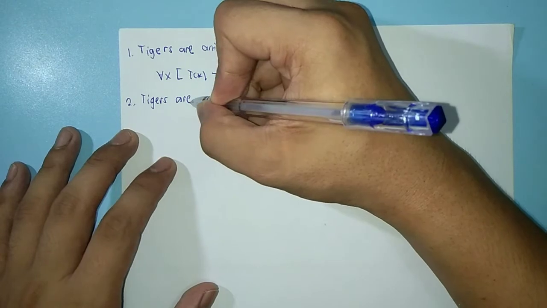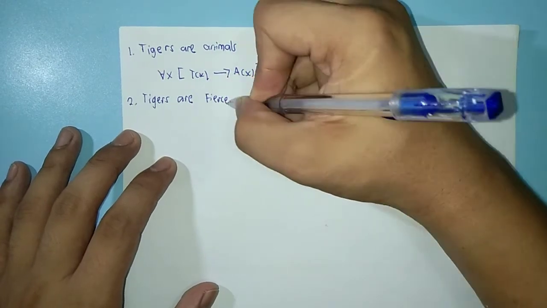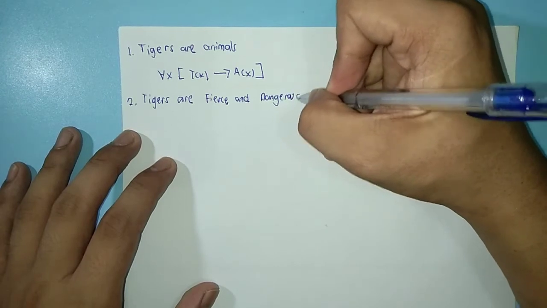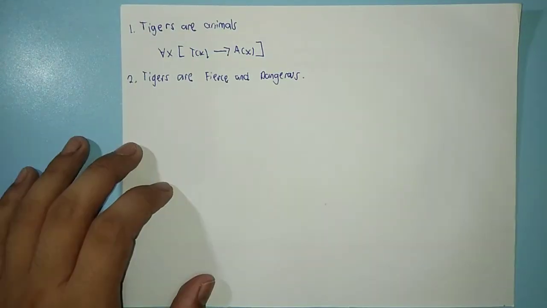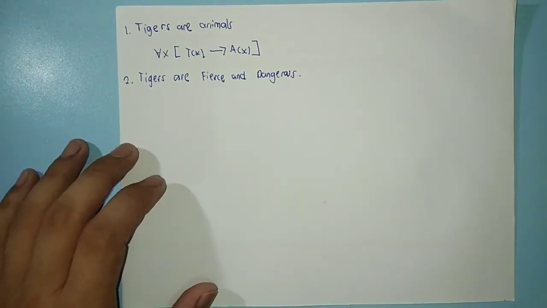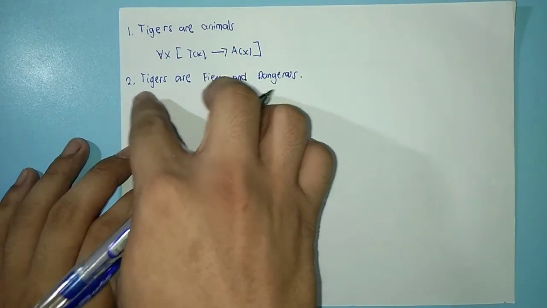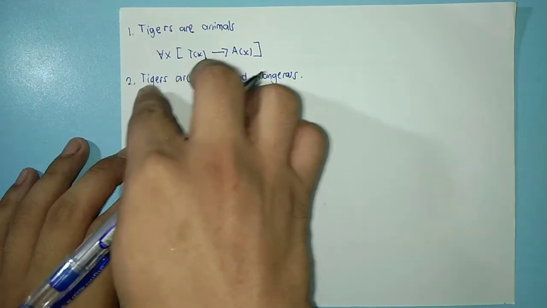Okay. So next, tigers are fierce and dangerous. Okay. So we symbolize that as, you will still notice the universal affirmation here, tigers are, okay?